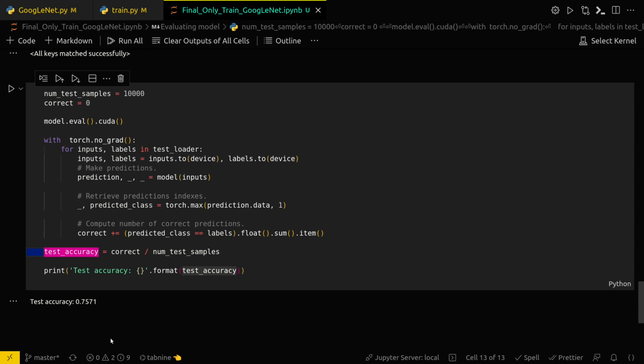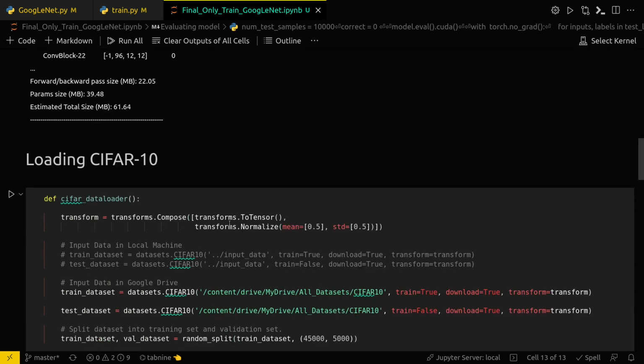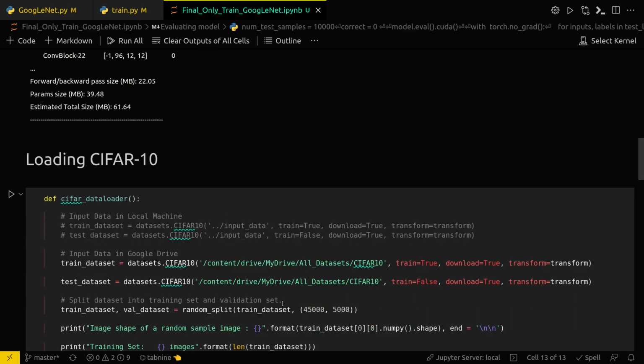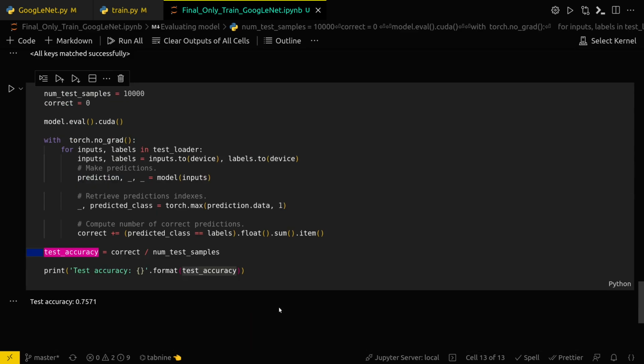Remember, it's not too good but not too bad as well, because I ran only for 15 epochs, and also I did not do any sort of good transformation of data. There is no data preprocessing at all. I just applied a normalization and that's it. But with a little bit more transformation on data, that is pre-processing of the data, and also if you run this notebook for like 70-80 epochs, this accuracy will definitely be improved substantially.